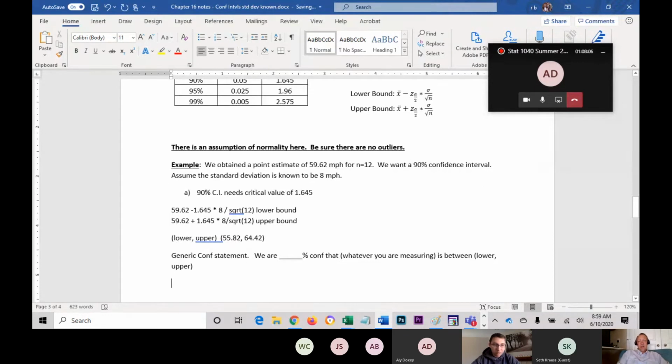So now that we've done this, Easton, can you fill in the blanks and the parentheses here based on this example?